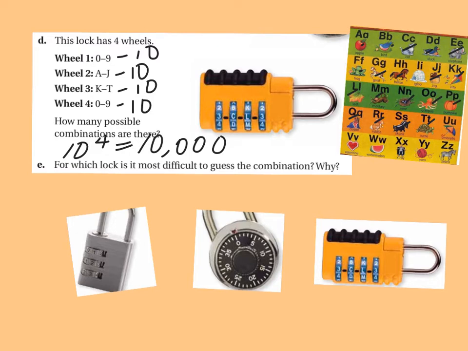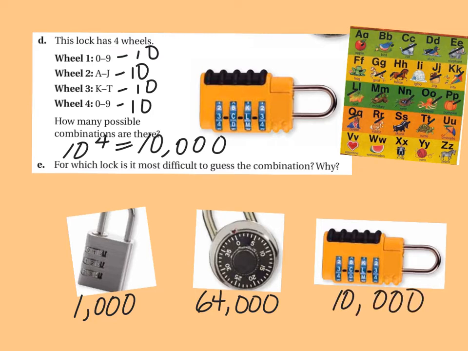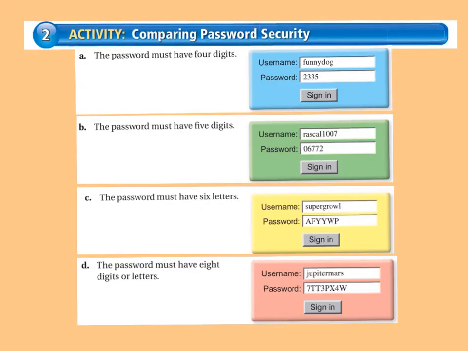So if we compare these 3 locks, lock number 1 has 1,000 different possibilities. Lock number 2 has 64,000 different possibilities. And lock number 3 has 10,000. So if you were using a lock similar to this style on your locker, it was quite secure. You might often be prompted to have security passwords on accounts that you create, and there's really strict rules on it.